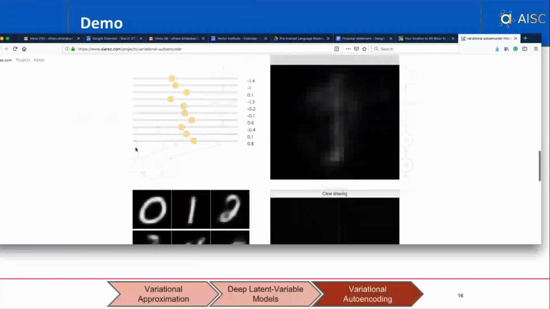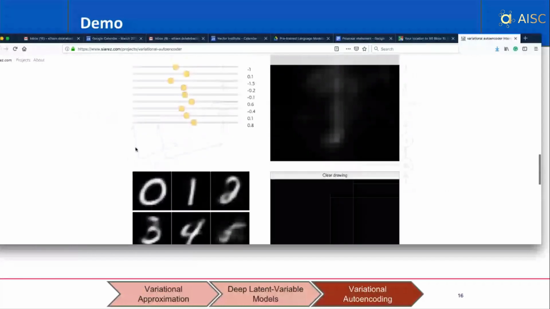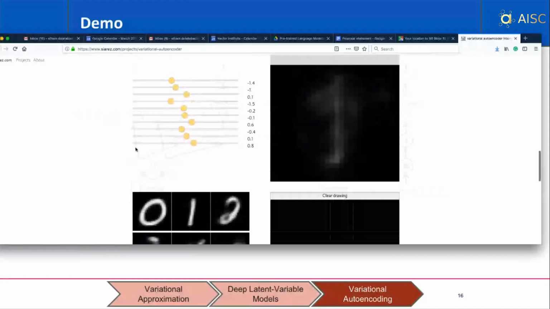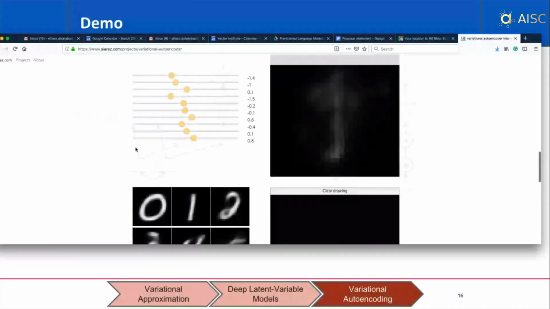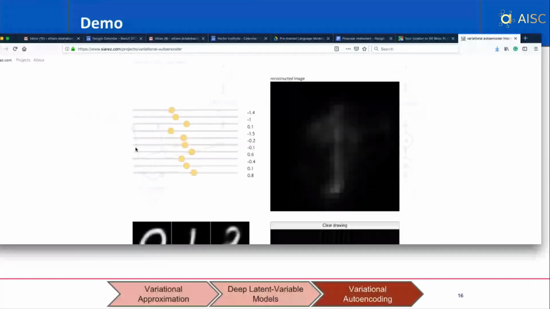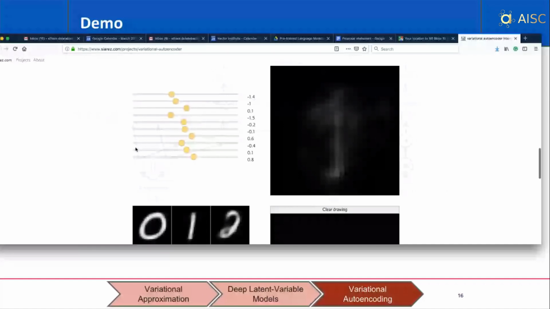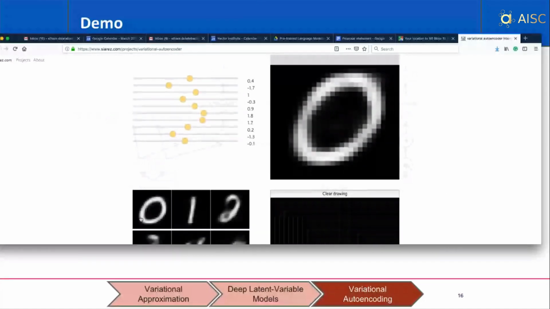So what it does is, for all these digits, the dimension of the latent variable here is 10.